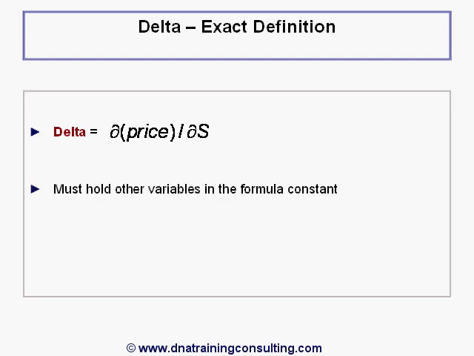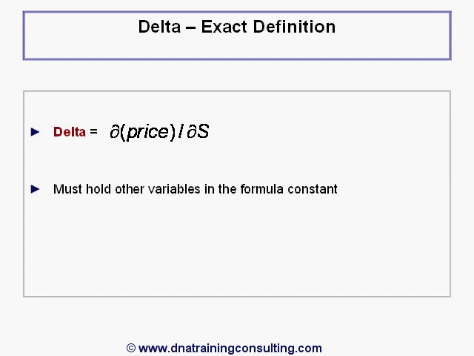The use of the curly letter D in mathematics indicates that the other variables in the formula, namely the strike, the two interest rates, the volatility, and the tenor, must be held constant for purposes of this definition.